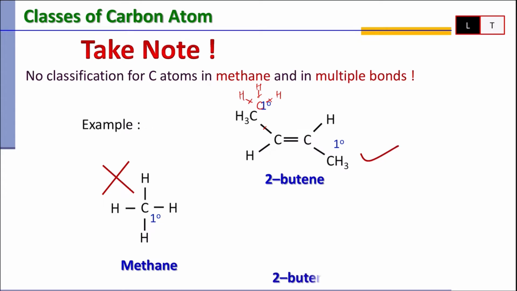However, untuk double bond carbons dekat tengah-tengah ni, awak tak boleh label kelas dia sebagai secondary. It is wrong sebab dia adalah multiple bonds. Maknanya dia bukan sp3. So that's why this is the wrong labeling. I hope you can see the difference between these two labelings. Yang mana satu betul, yang mana satu salah.